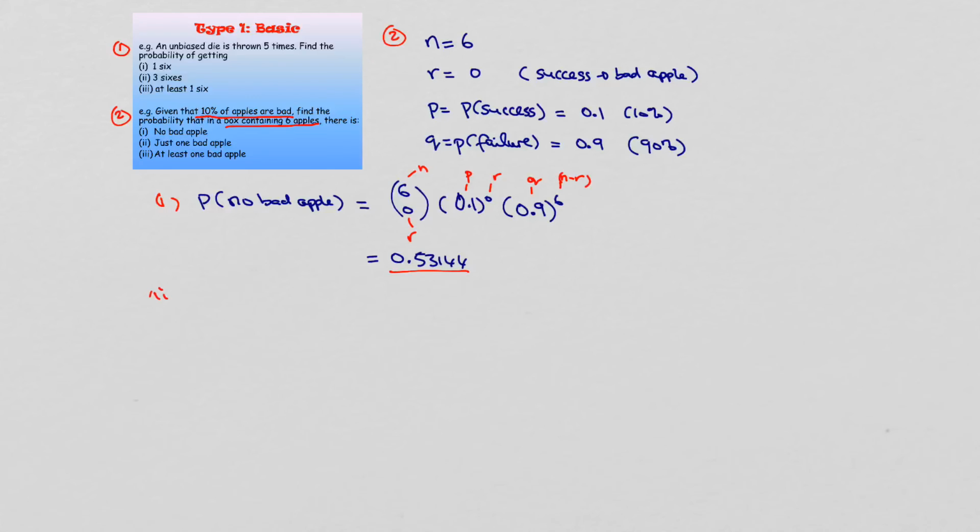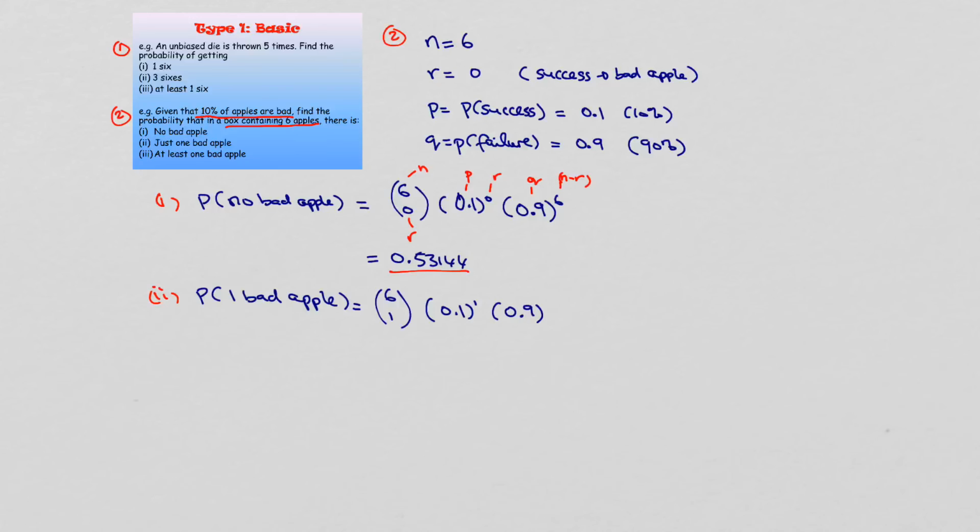Okay, so part 2, we then have to find that we get just one bad apple. So the probability of getting one bad apple. Well, 6 is our number of trials. Number of successes this time is going to be 1. Probability of success is still the same. Probability of failure still the same.